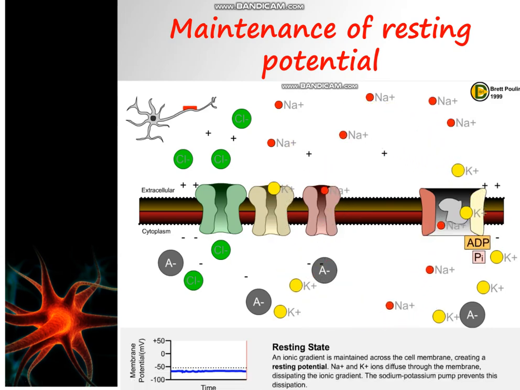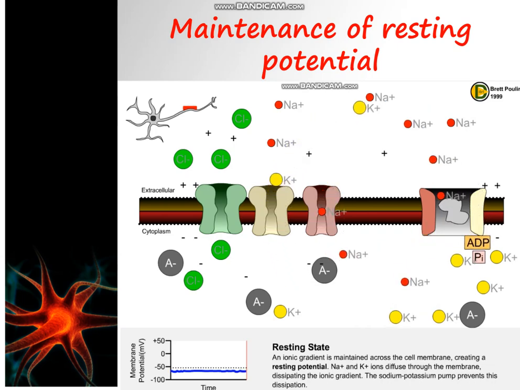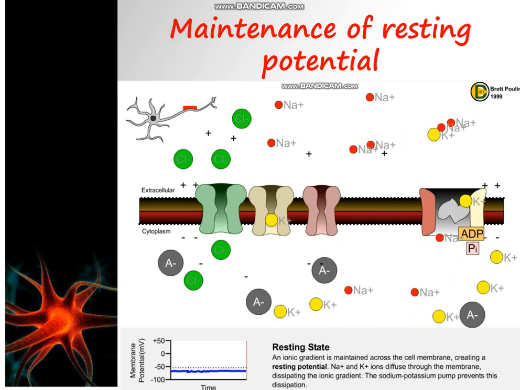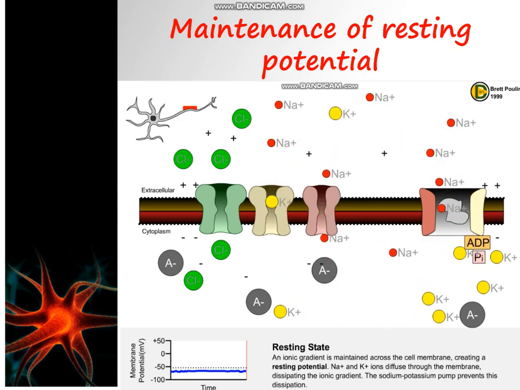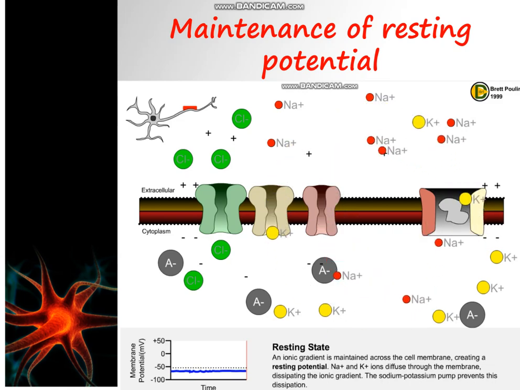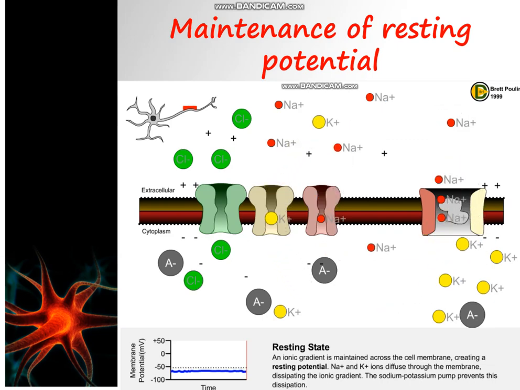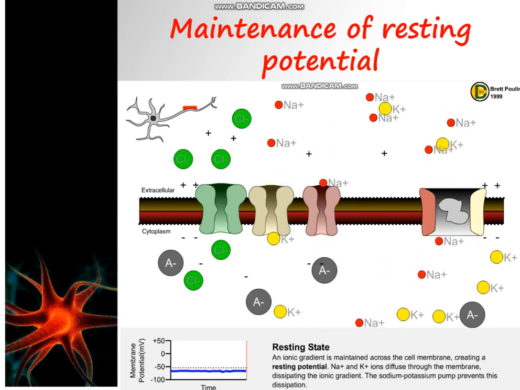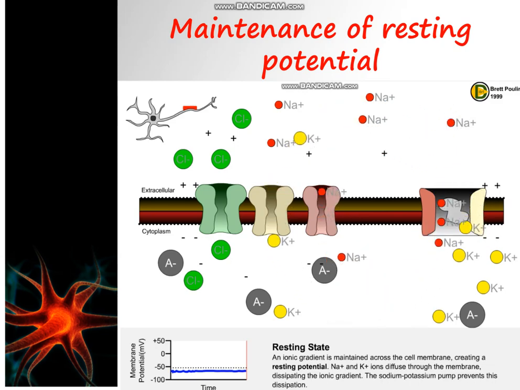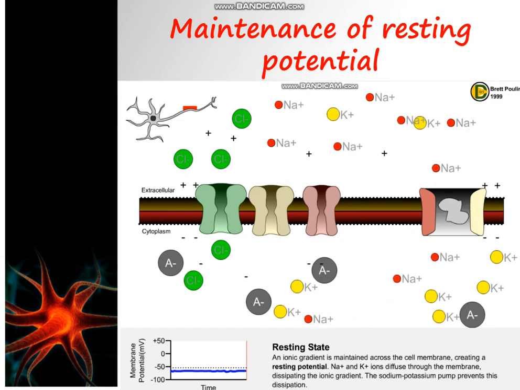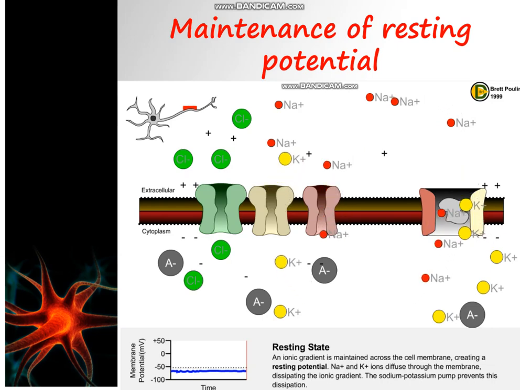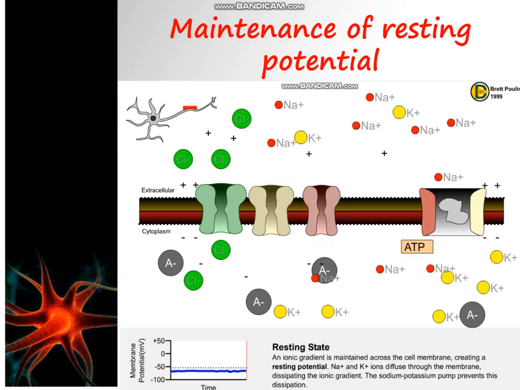But the quantity of K+ that leaves is much greater than that of Na+ that enters. This means that the amount of positive charge leaving is much greater than that entering. This helps in the maintenance of the negative charge in the intracellular medium.